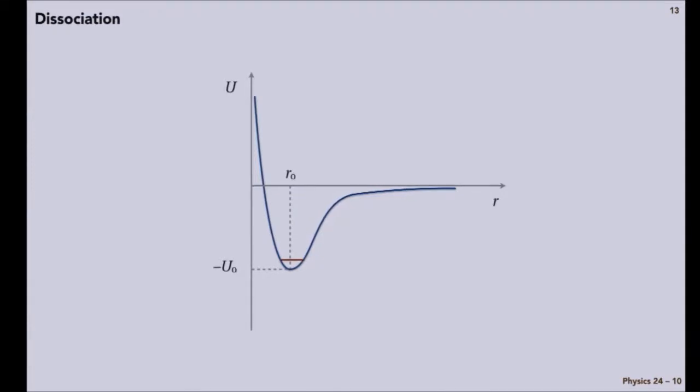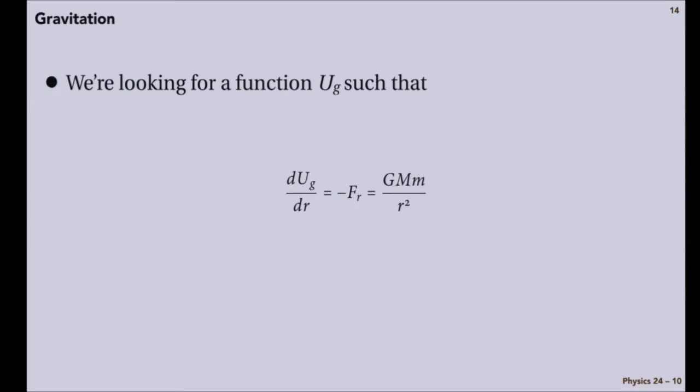Okay, so that's kind of a generic potential. Now I want to do gravity for realsies. So we had that, in general, the derivative of the potential with respect to some direction is minus the force.